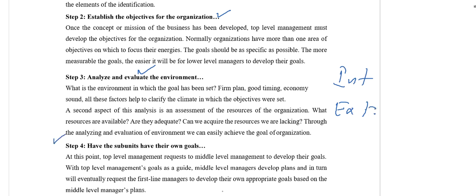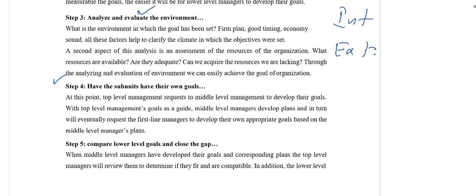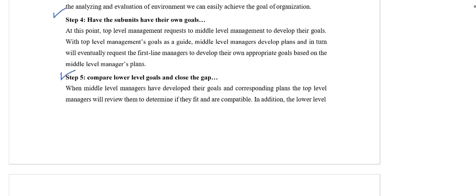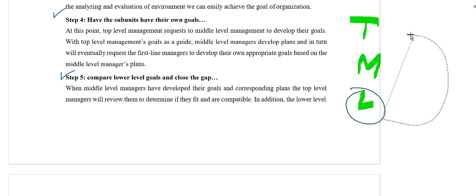Number 4, we have subunits and their goals. Subunits means we have some departments and other units, and we have different goals for each department and each unit. Then compare lower level goals and close the gap. So when the goal is decided for low level management, we have to see whether the goal which is set by low level is aligned with top level or not.